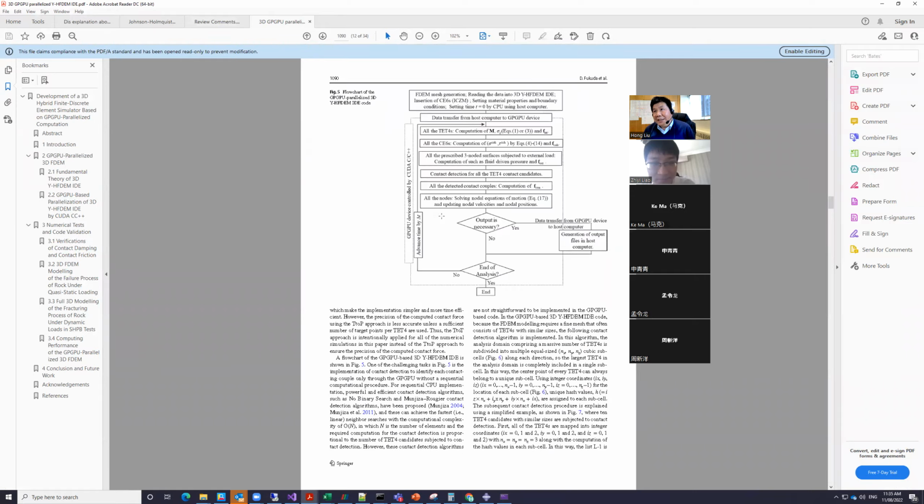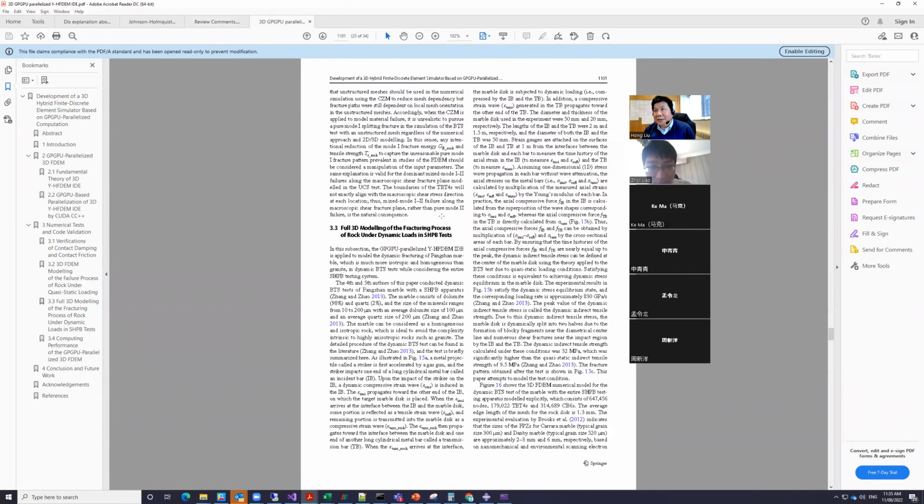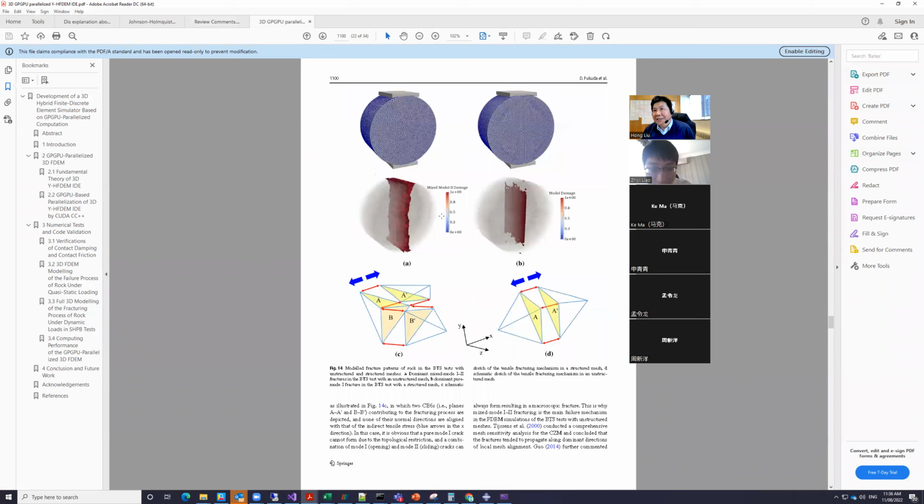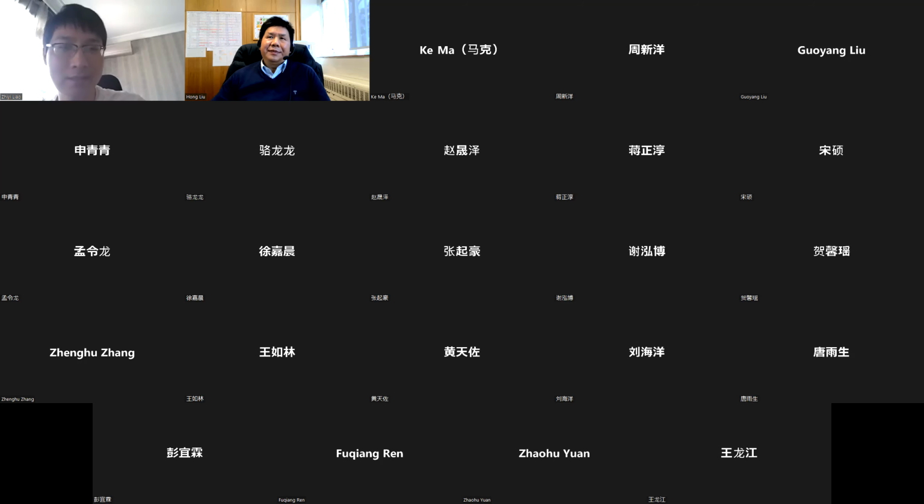If we construct a completely structured mesh, we will be able to see, like in this one, that the crack initiates exactly at the center of the sample. I think that is related to the heterogeneity introduced by the unstructured meshes. Okay, thanks.